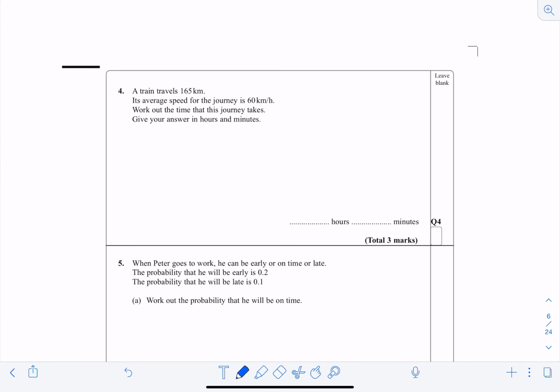Question 4. A train travels at 165. Average speed is this. Okay, so speed equals distance over time. Therefore, time equals distance over speed. And time is 165 over 60, which is 2.75. 2.75 hours.